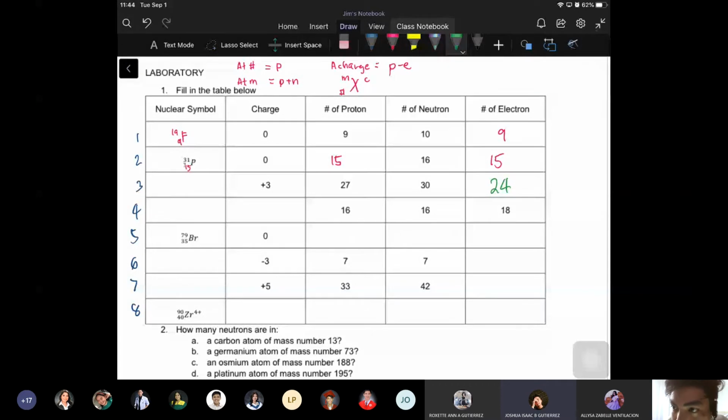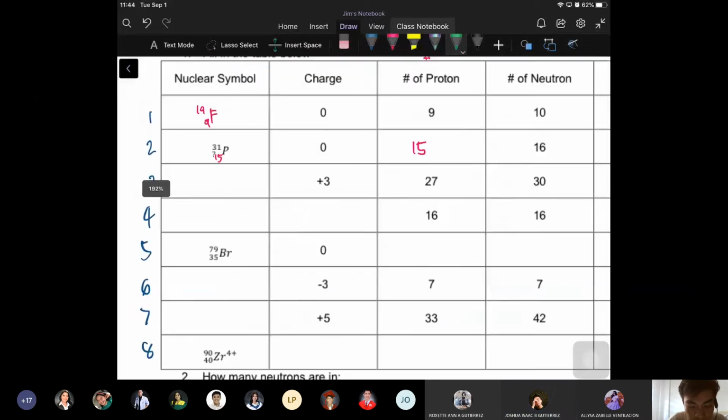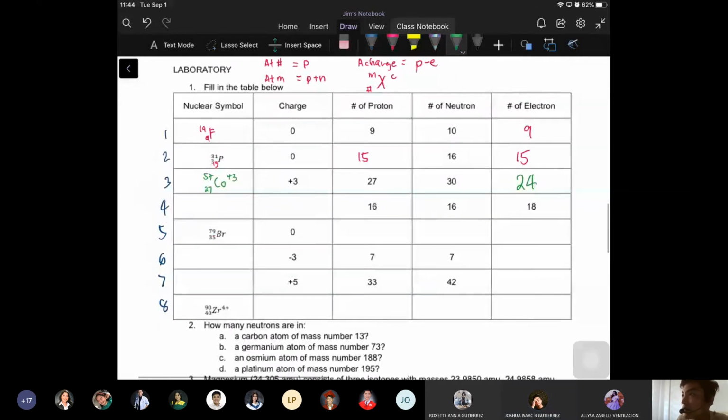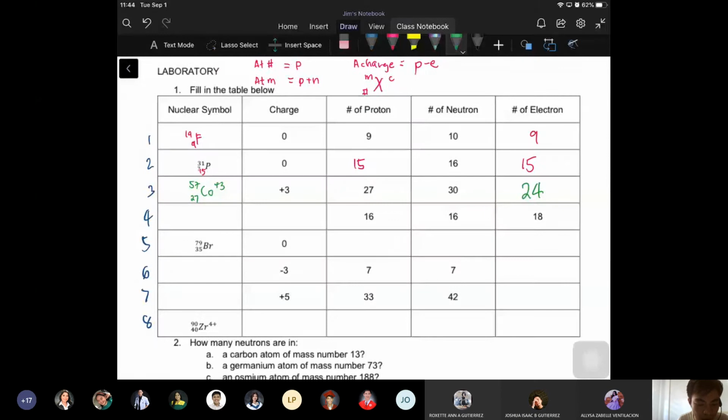So that means there are 3 left over from the number of protons. That's why the answer for electrons is 24. So that's true. How about the nuclear symbol? What is the element symbol first? Cobalt, Co. Then the number at the bottom left? 27. Top left? 57. And top right? Positive 3. Positive 3. So that's correct. Thank you, Joshua.